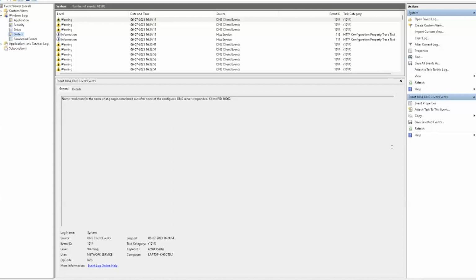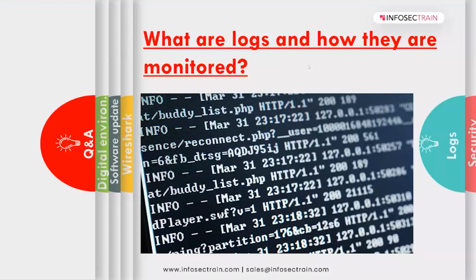So the system logs capture the information about the activities and the operations of our underlying computer system and the application. It will include logs related to the system startup, shutdown, hardware errors, software installations, and system crashes.